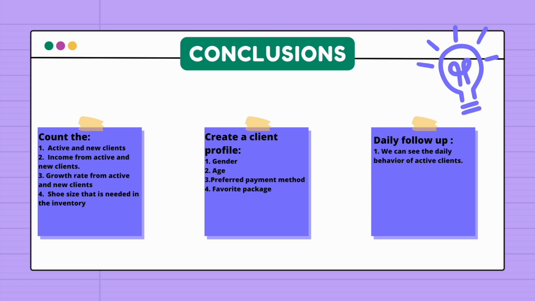So as you can see, that was my solution for Cyclopata, and it gave Cyclopata a lot of the info that they needed, and they could use that data to make different promotions, create that client profile and target those clients. They can also see that they are actually growing, and it's not just by seeing new clients and seeing that they're buying things; you can actually see it in the data.